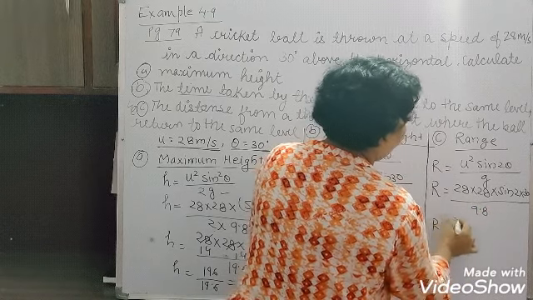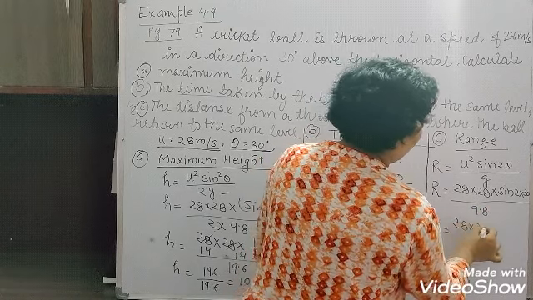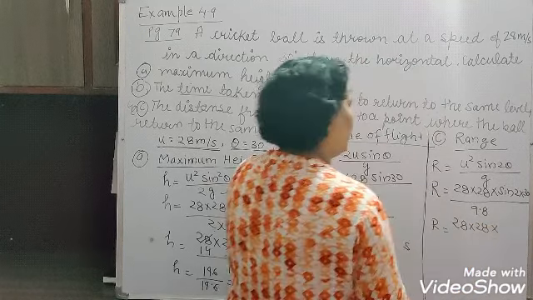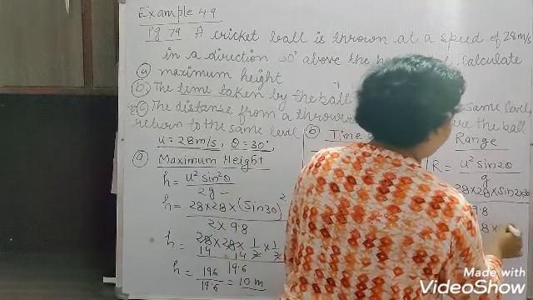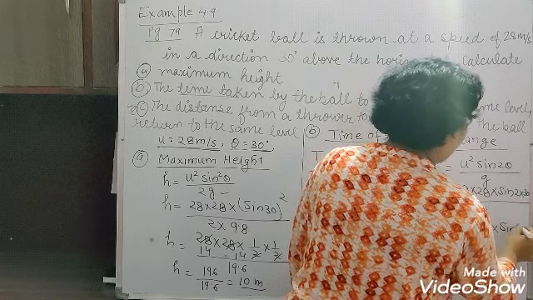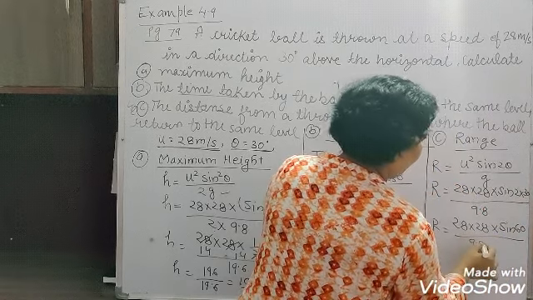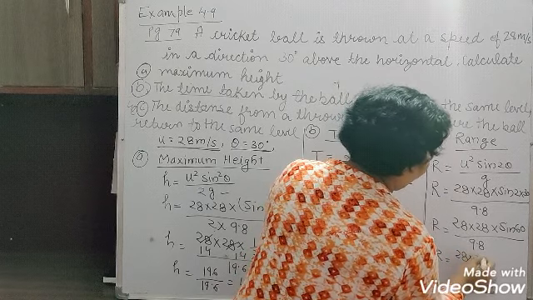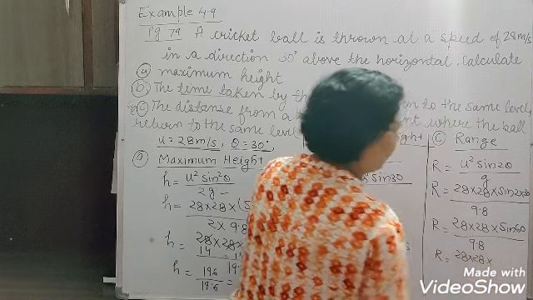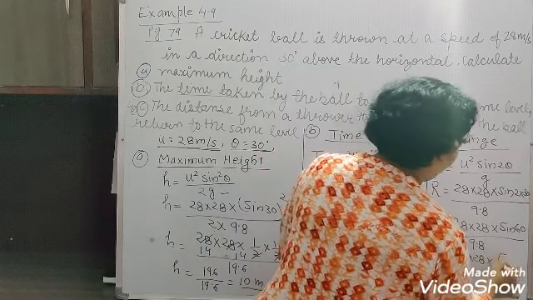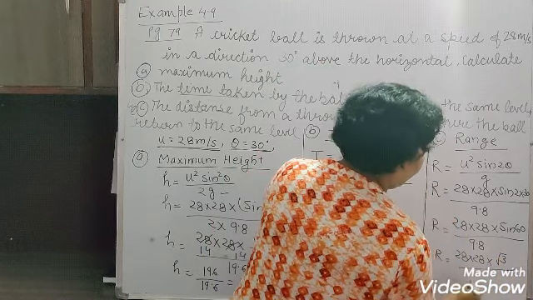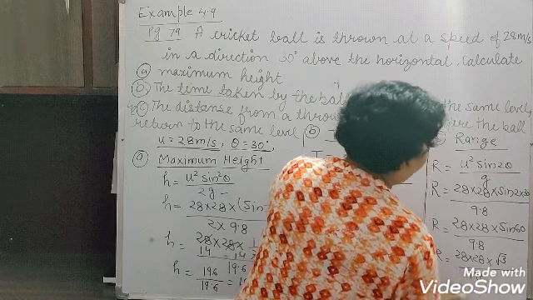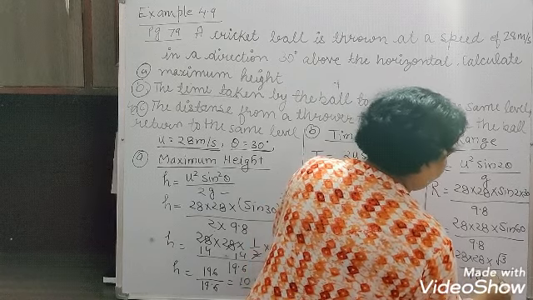So R is equal to 28 into 28, and this is sine 60, and this is 9.8. You will see that sine 60 is root 3 upon 2. It is root 3 upon 2 here, and this is 2 here.